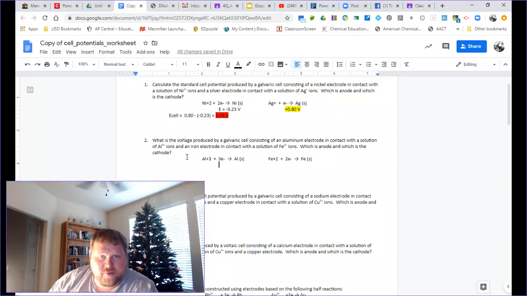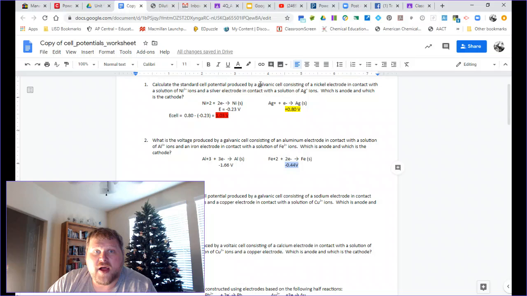So I go to my standard reduction table. Everything I know about aluminum 3+ tells me it does not want to be reduced. It likes being plus 3. So I see a negative 1.66 volts, which is not surprising at all for aluminum. Probably not going to see a heck of a lot of desire on iron's part either. Iron loves to be plus 2. In fact, we get negative 0.44 volts. So once again, we have 2 negative numbers.